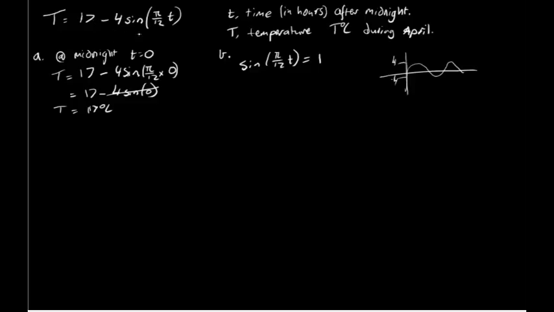So our minimum temperature is going to occur when we're below our equilibrium point, using our trig function. So when is this the minimum spot? It occurs when sine equals 1, and we can find that when our temperature is equal to 17 take 4 times that 1.